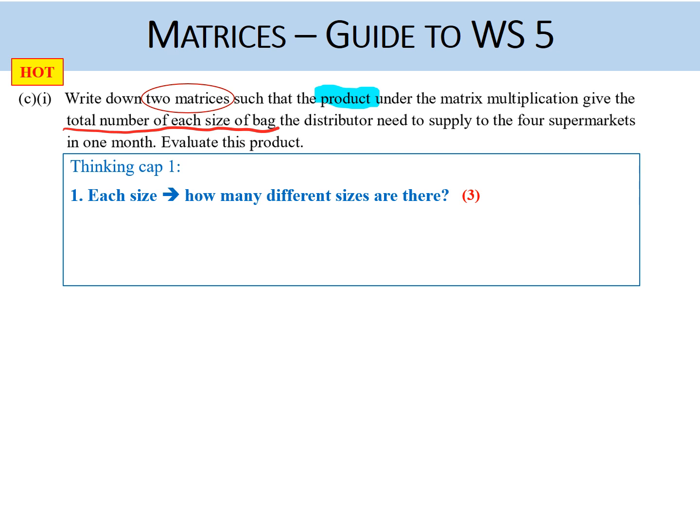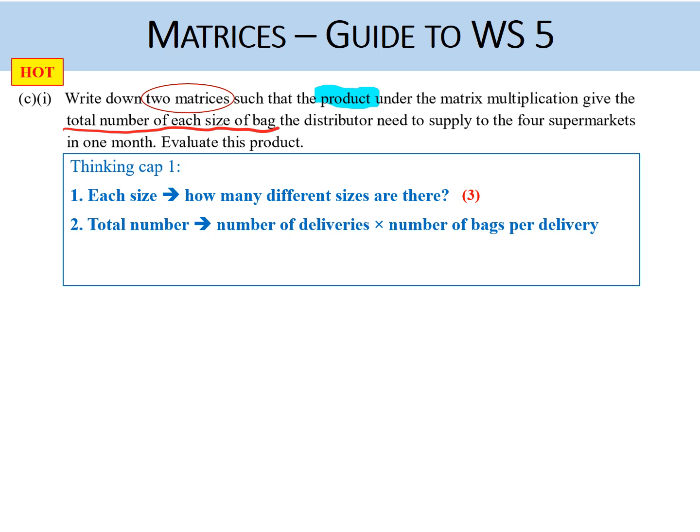So with this, let's go back to the question. It says total number of bags. So how can we find the total number of bags? To find the total number, what we have in the question is the number of deliveries. For example, if you look at supermarket A, there are 6 deliveries done in a month.